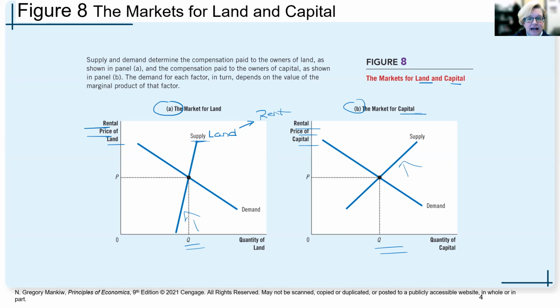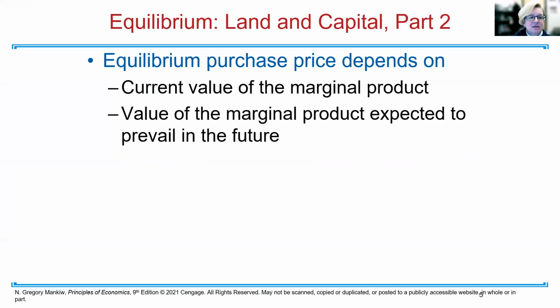So in looking at the equilibrium price of each of these, we're going to say it really depends on the value of the marginal product. Remember, the marginal product is the idea of how much additional quantity of output we can get from the use of this land or the use of this equipment.